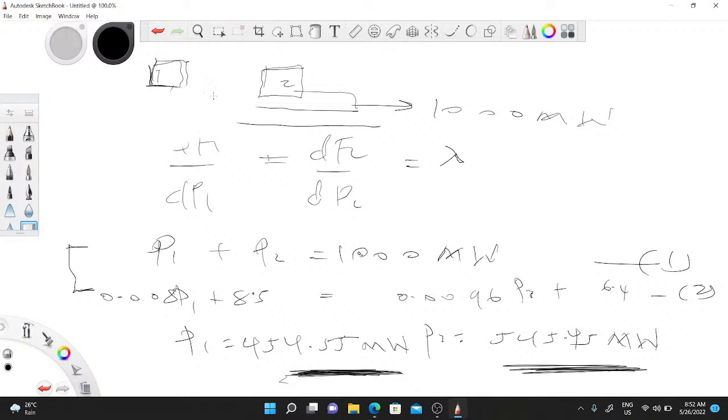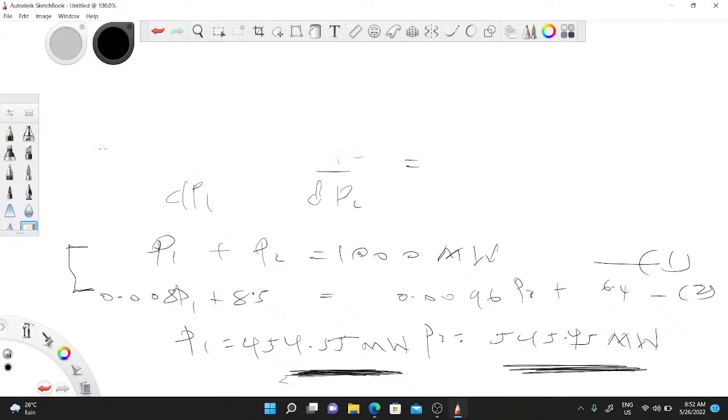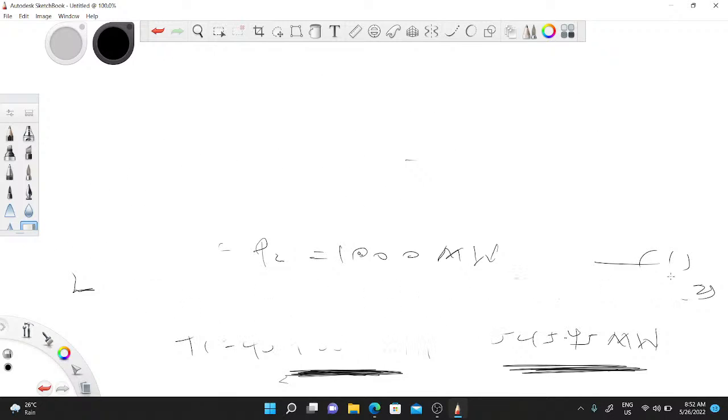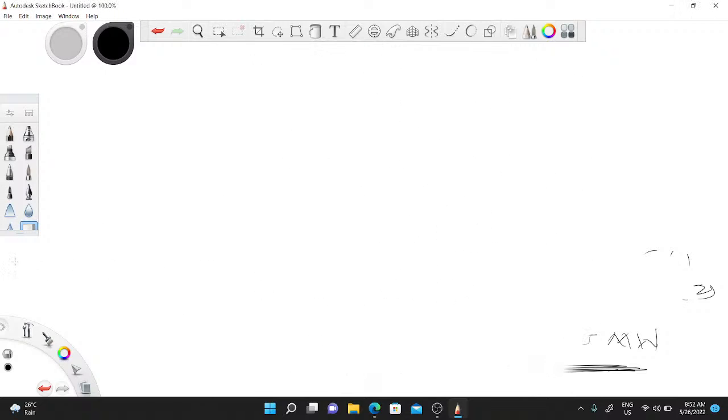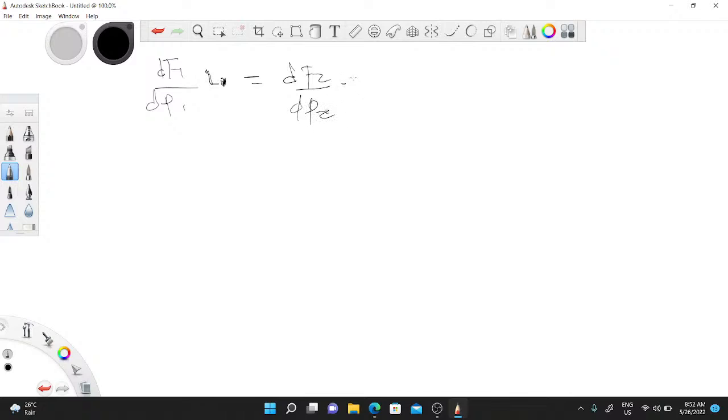Whenever there are losses, the Lagrange equation now becomes df1 dp1 times a certain constant L1 is equal to df2 dp2 times L2.